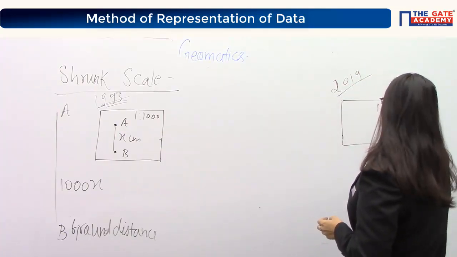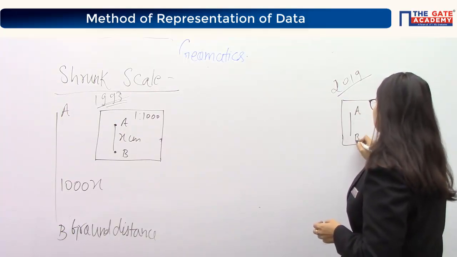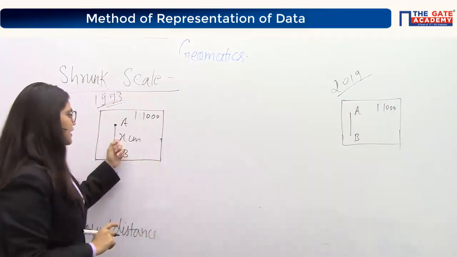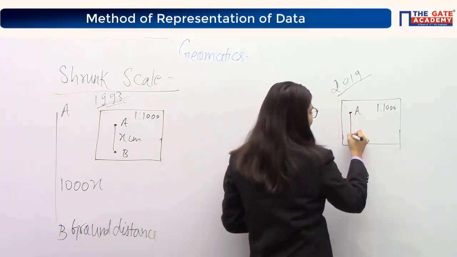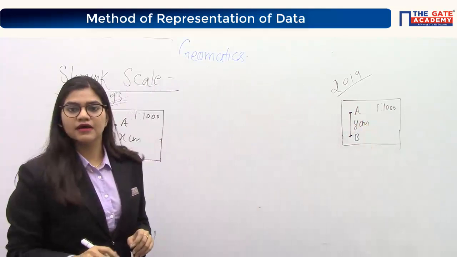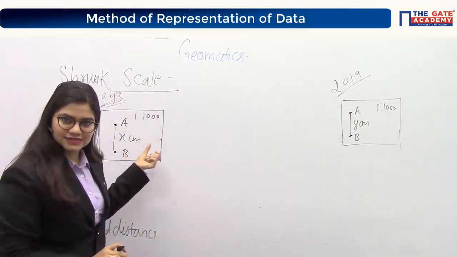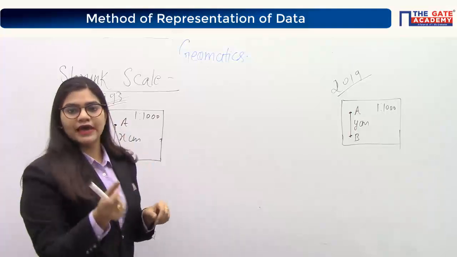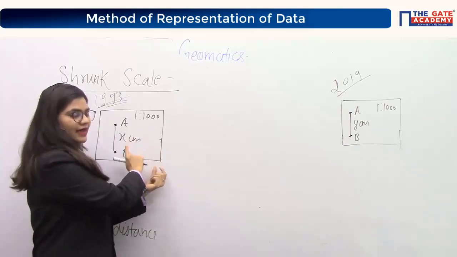This is 1:1000, and you find this distance AB is not your x centimeter. This distance is now y centimeter. You are measuring this distance with the help of a scale, and earlier it was x centimeter.